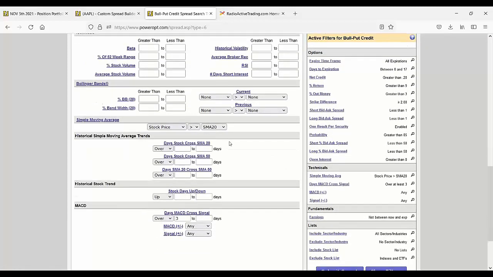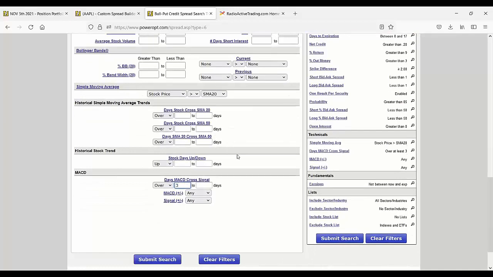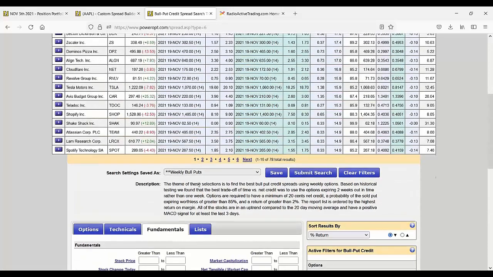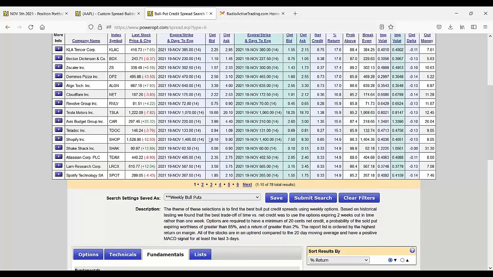Also stocks trading above the 20-day moving average and a positive MACD cross for the last 3 days. Some basic fundamentals, avoiding earnings between now and expiration. This is what I prefer to use. I'm not directly recommending or suggesting that you use it, but it's been very profitable for me with the approach that I use.